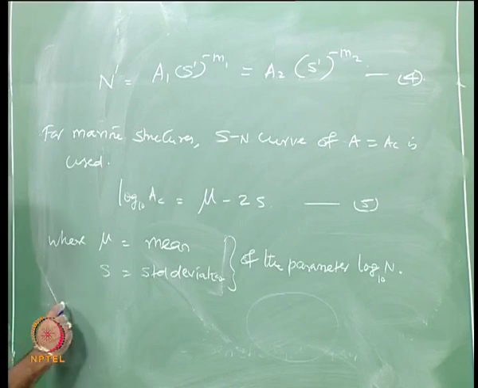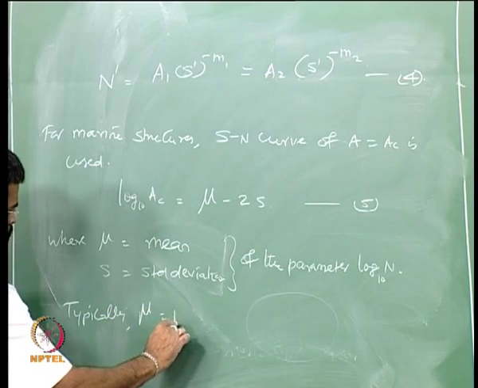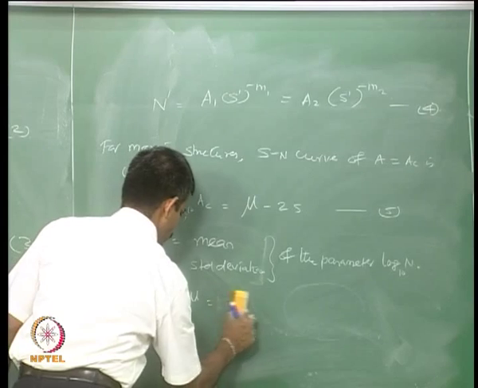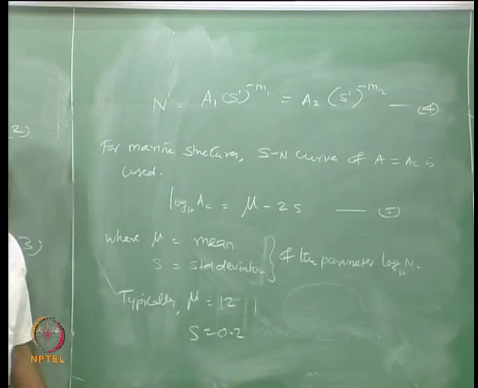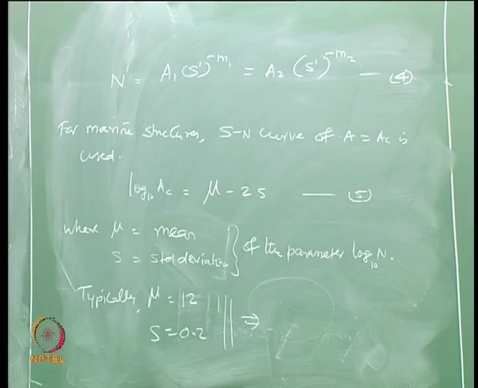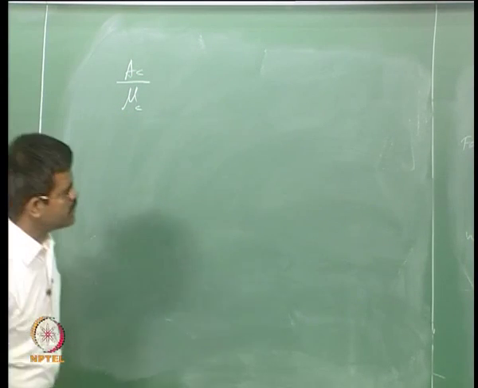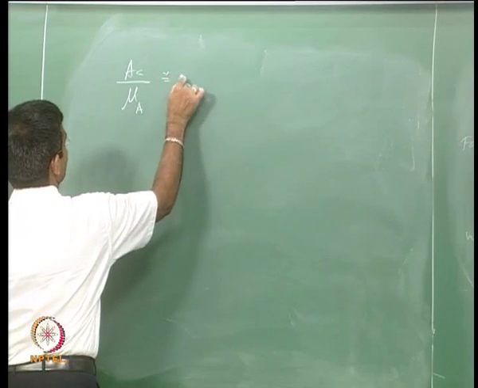Typically S is 0.2, which gives me A C by mu A, is it not? Yeah, mu A, that is the deviation of A, is approximately 0.